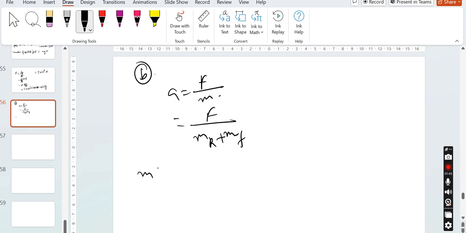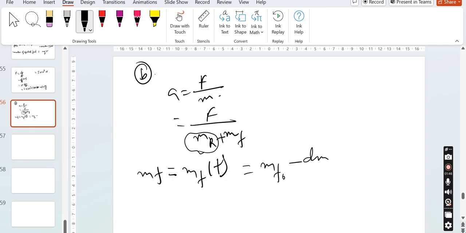So mass of fuel is a function of t because the fuel gets ejected. Mass of rocket is constant. So we suppose that at t is equal to 0, that was mf0 minus dm by dt times t.